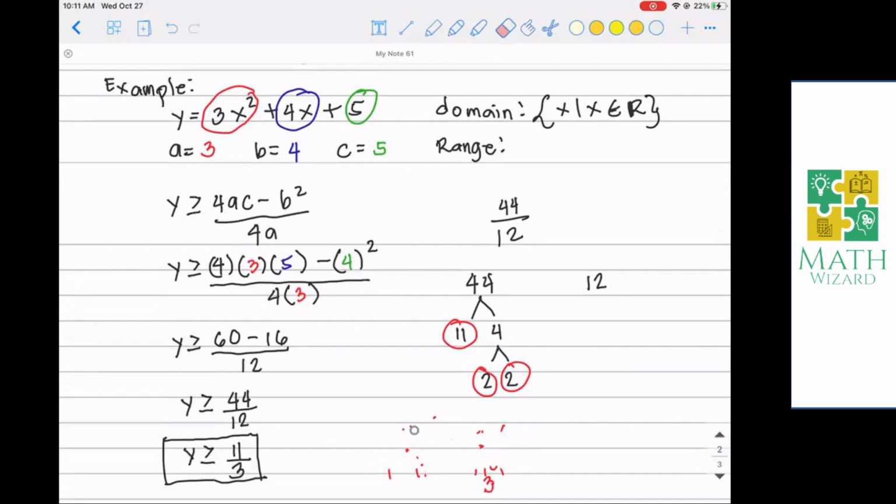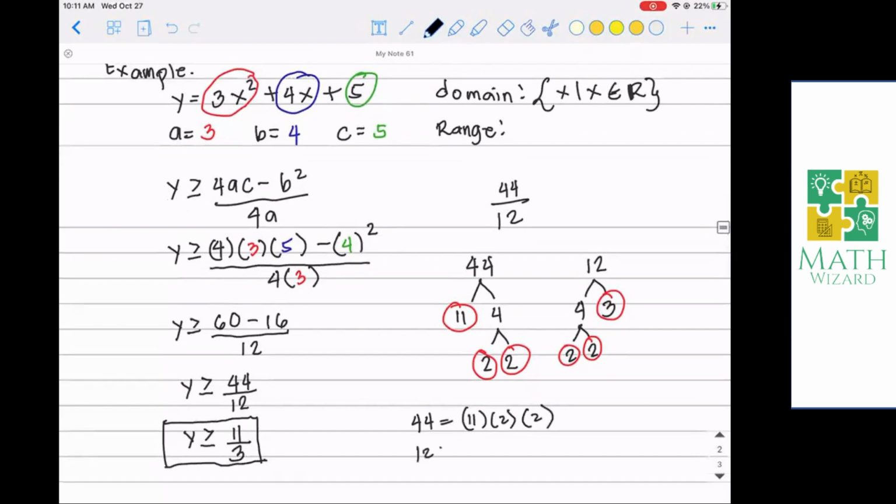Moving forward, how about 12? What are the two numbers multiplied together? 4 times 3. For 44, we have 11 times 2 times 2. We can also check: 11 times 2 is 22, times 2 is 44. For 12, we have 2 times 2 times 3. Now, how to find the GCF? We look for the common factors between 44 and 12.